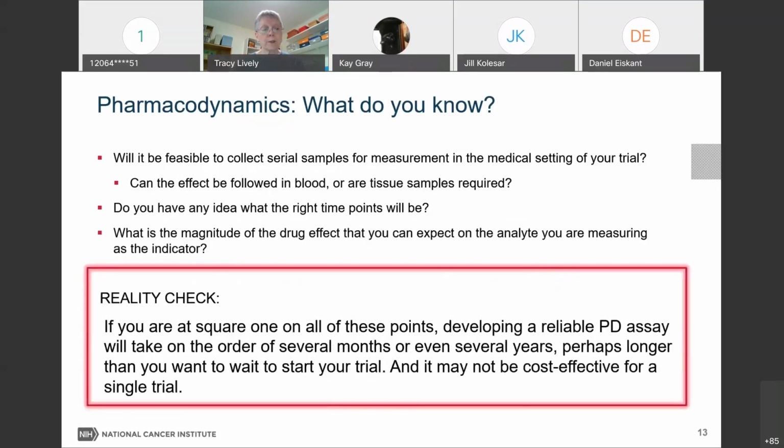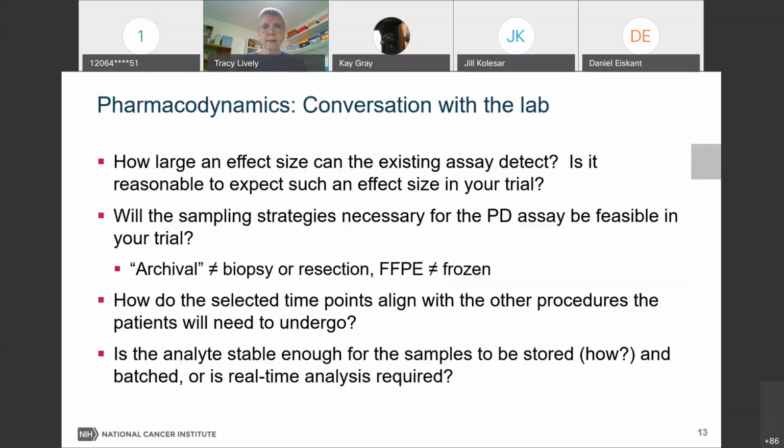Hopefully you have answers to some of these questions from prior preclinical work or from prior trials. If you really are at square one, it might be better to recognize that early and plan accordingly. But hopefully you can find a collaborator who's already done the work to develop an assay for the biomarker that you're interested in.